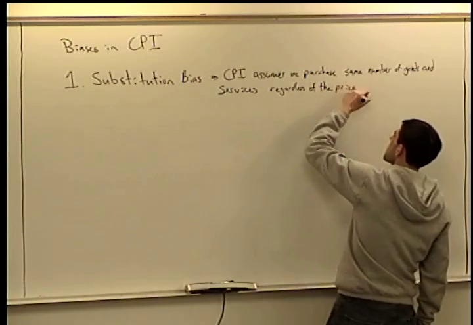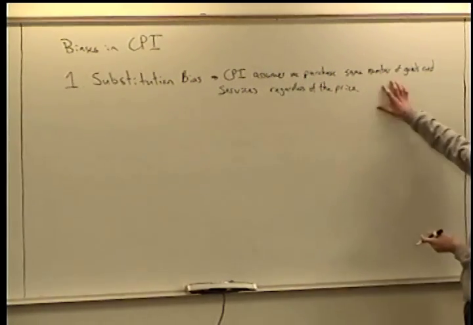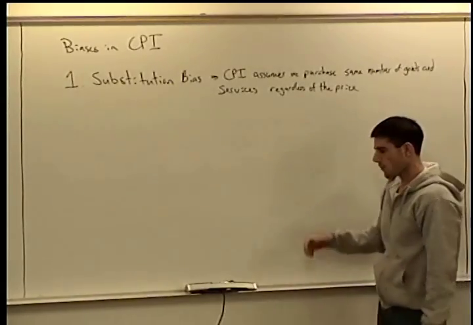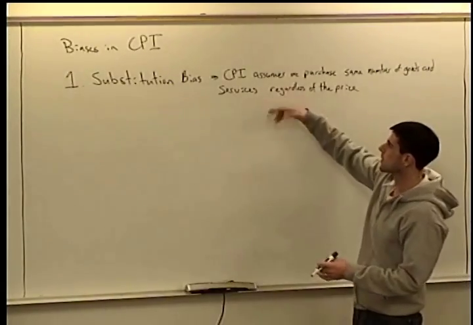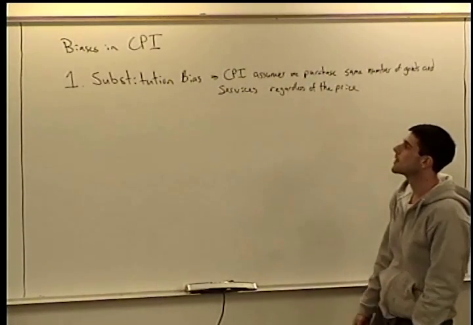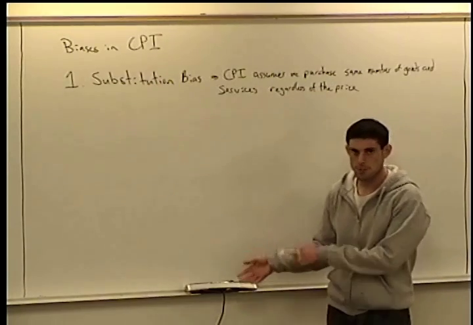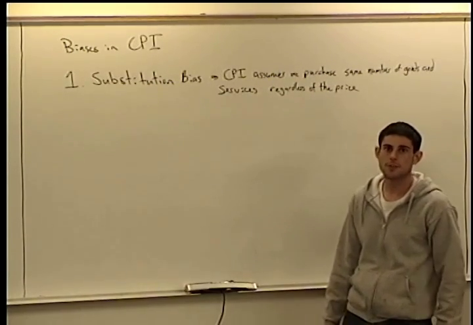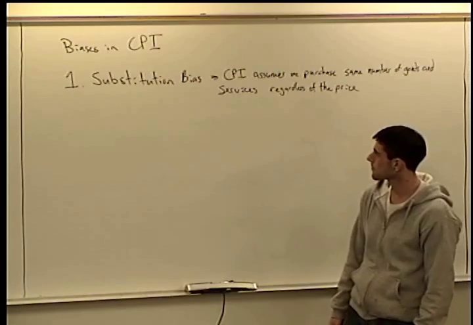But we know that's simply not true. The CPI doesn't take into account how we would buy less or more of something depending on whether the price went up or down. So that's one bias present in the CPI: I can avoid price increases by substituting away from more expensive goods to less expensive goods.